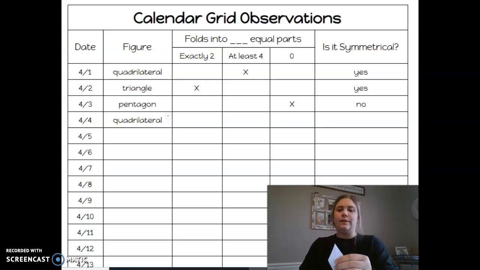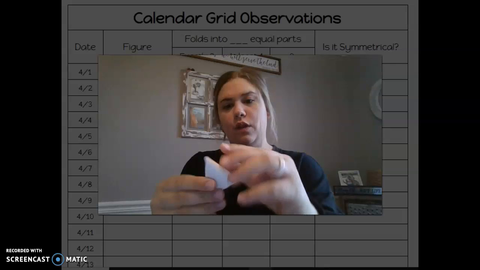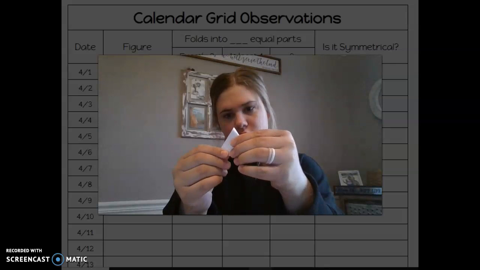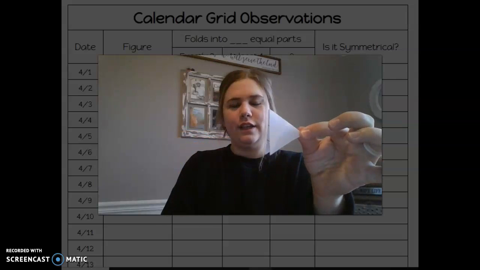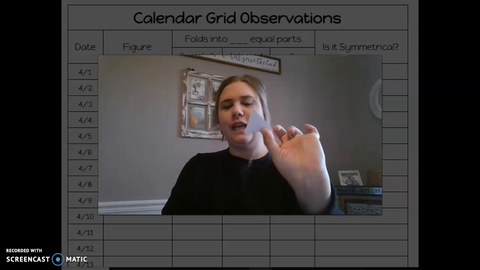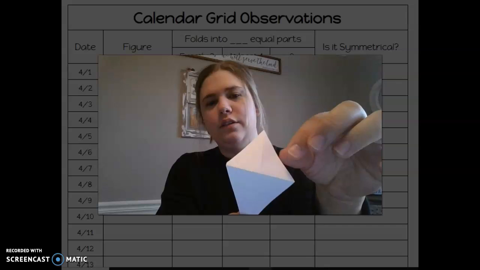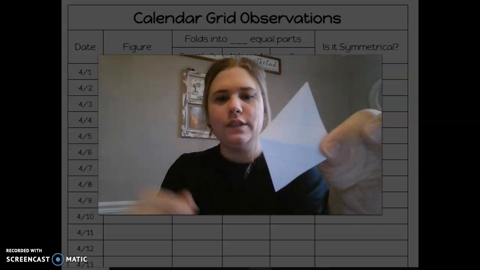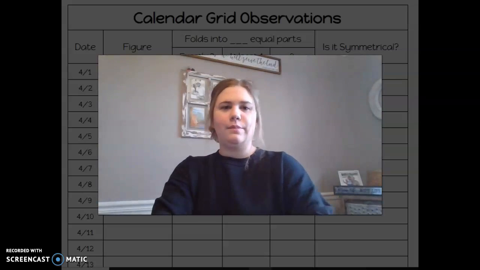Okay, so let's see. I'm going to unfold it a little bit. Let's see if it will fold into, look at that. Now it makes a triangle. That's pretty cool. So look at that. It does fold into halves and fourths. So here's our quadrilateral that folds into 4 equal parts. Crazy. So let's head back over.